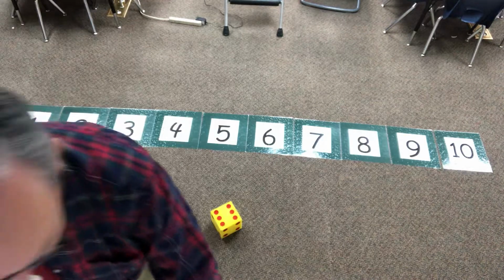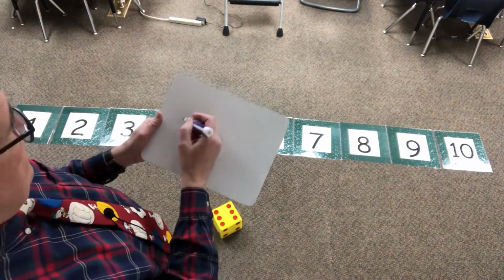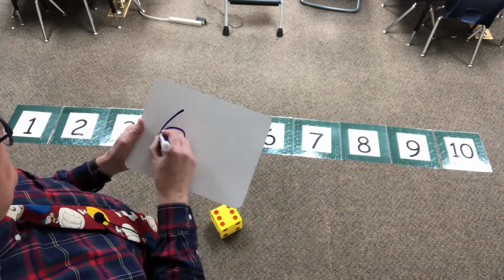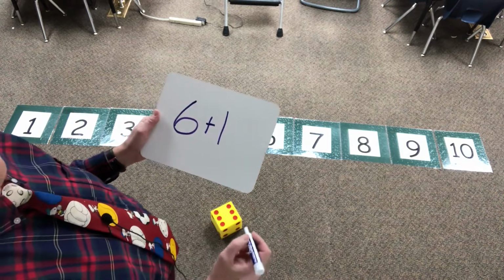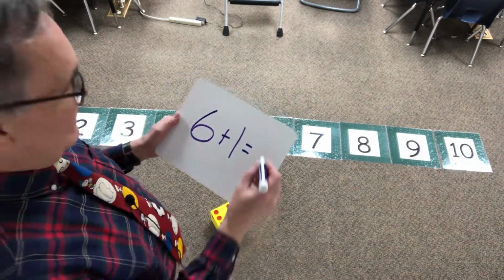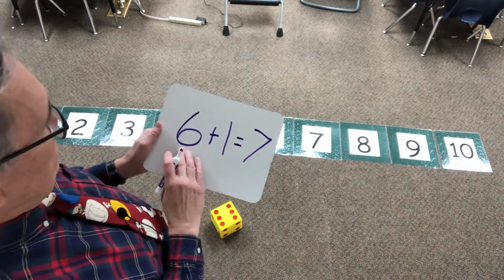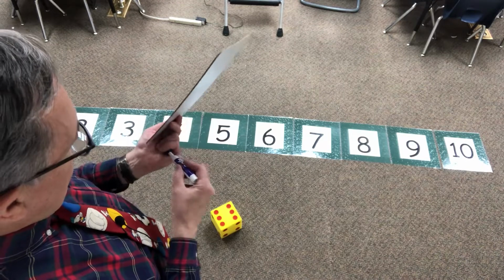All right, so let's write that on the board here, see what our number sentence looks like. Started at 6. Add 1 more. That equals 7. 6 plus 1 equals 7.